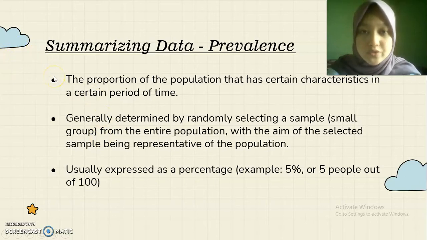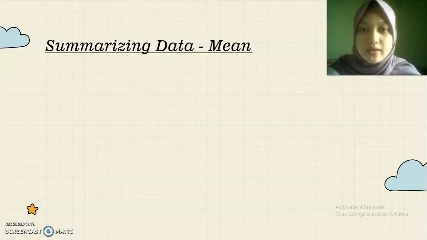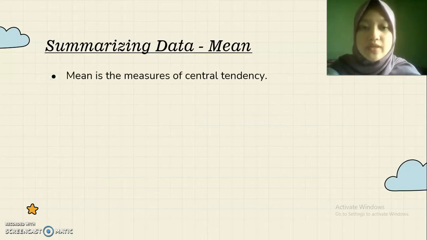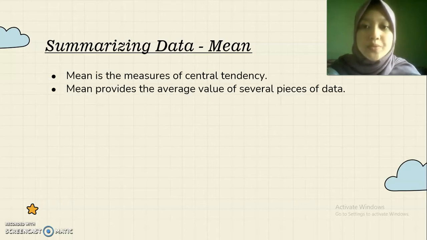And also, in summarizing data, we have to know mean. Mean is the measure of central tendency, and it provides the average value of several pieces of data.